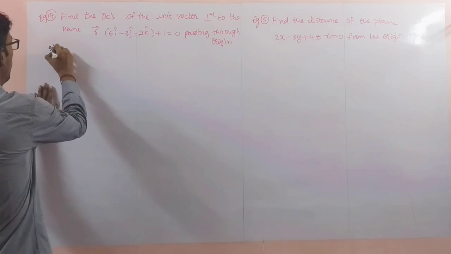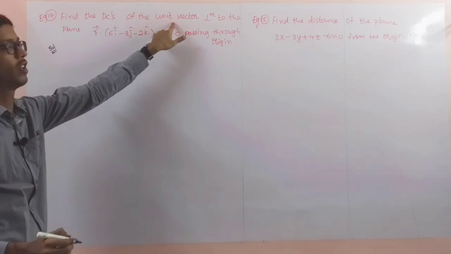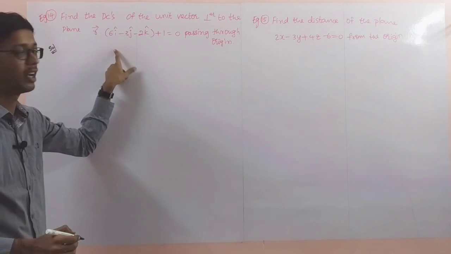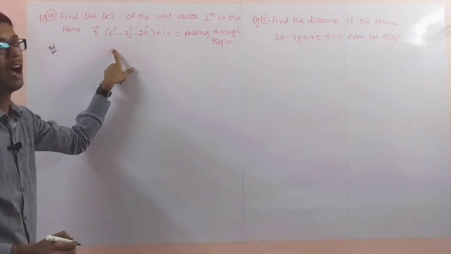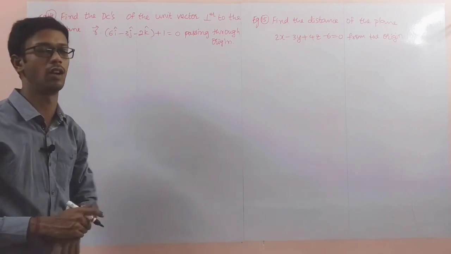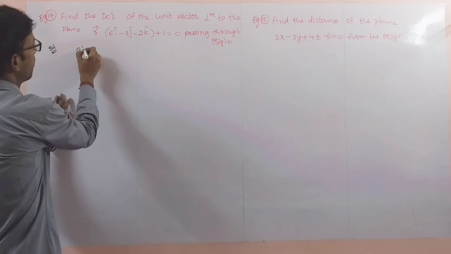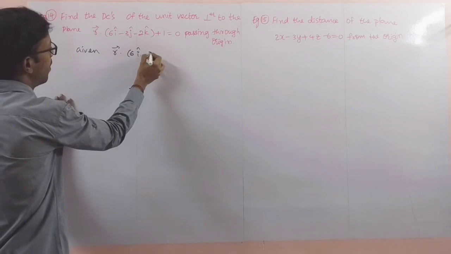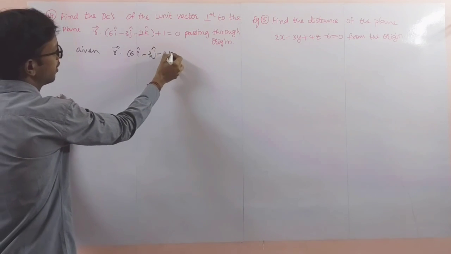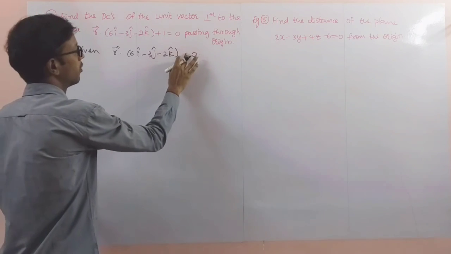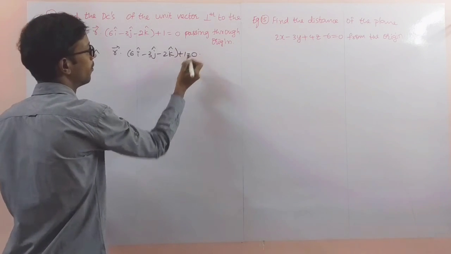Example 14. Find the direction cosines of the unit vector perpendicular to this plane. You have to find the direction of that perpendicular vector. Given r bar dot 6i cap minus 3j cap minus 2k cap, sorry, plus 1 equal to 0.